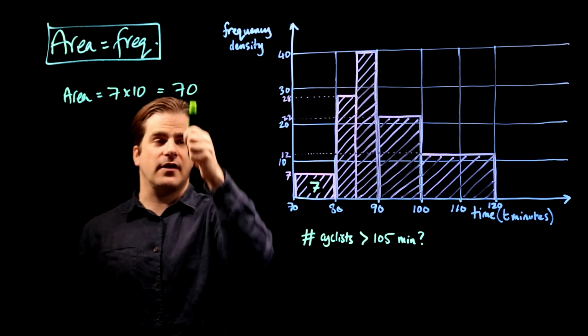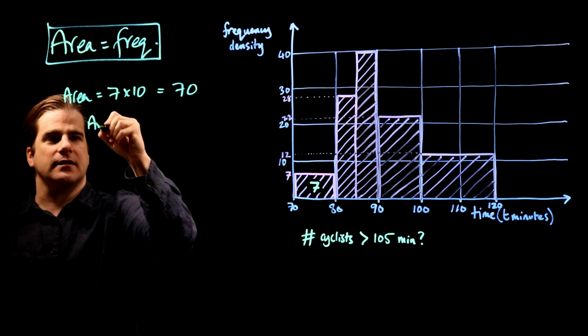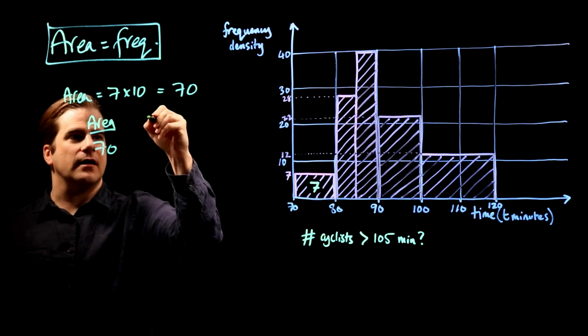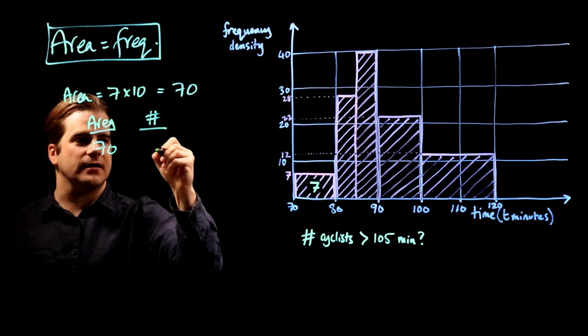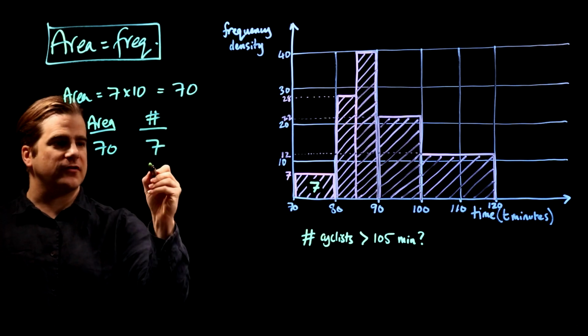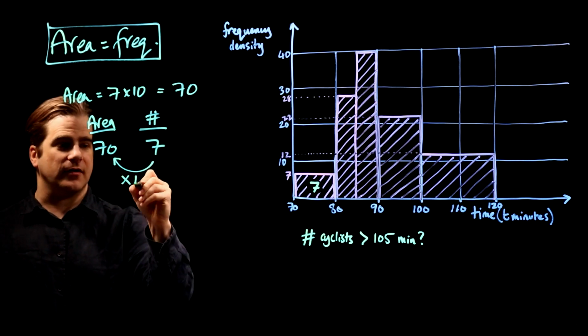And we know that area corresponds to 7 cyclists. So, quick little table: area is 70, number of cyclists is 7. To go from number of cyclists to the area, you just have to multiply by 10.